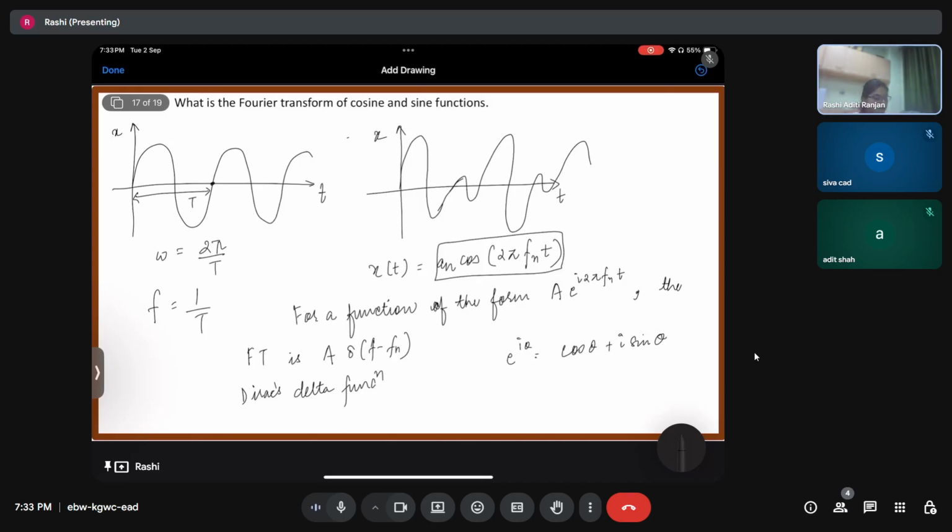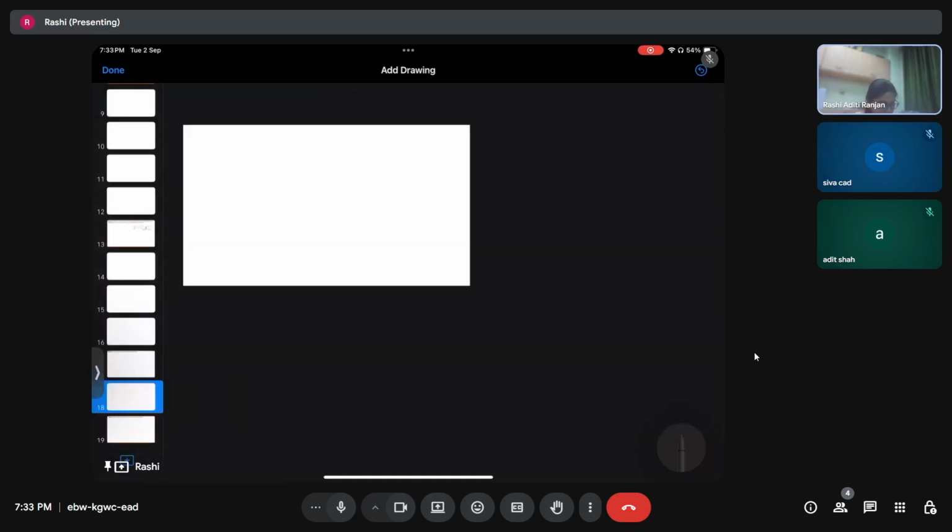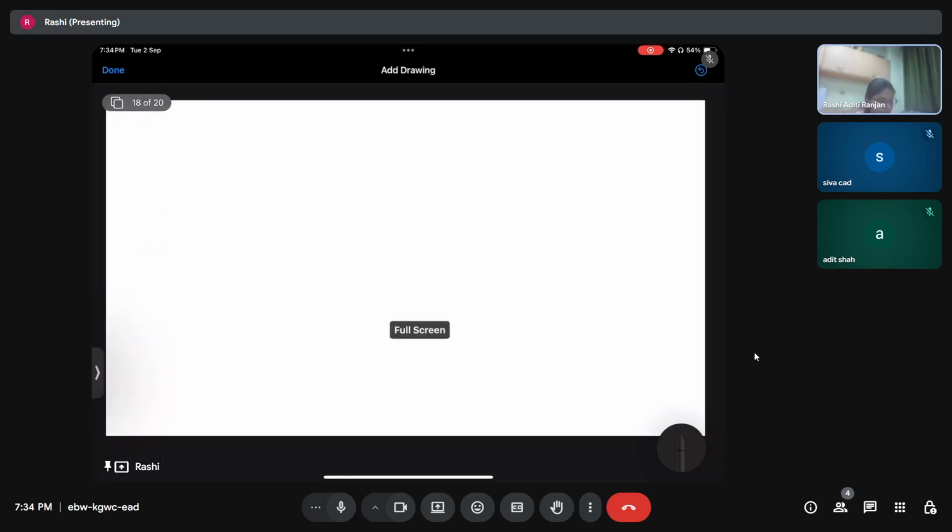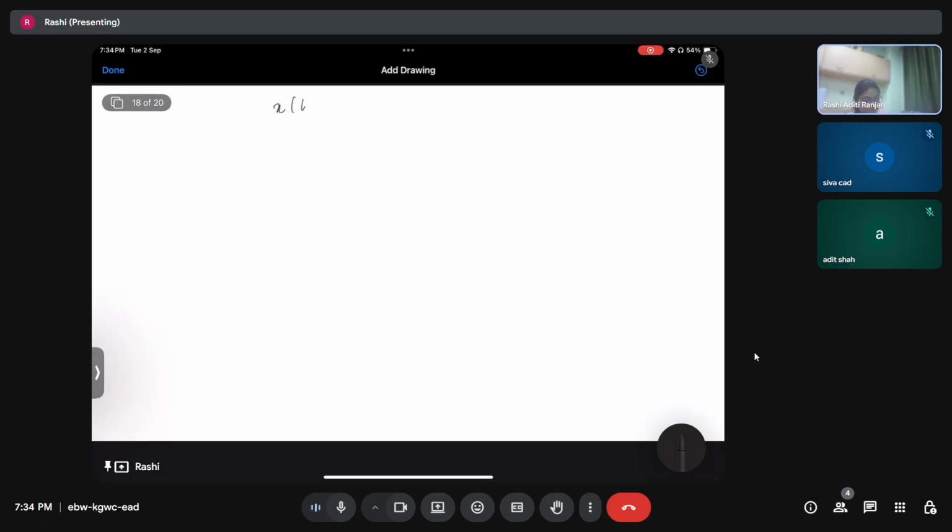So cos theta can be written as e to the power i theta plus e to the power minus i theta, divided by 2, because e to the power minus i theta is cos theta minus i sin theta. So if we sum these up and divide by 2, we are going to get cos theta.